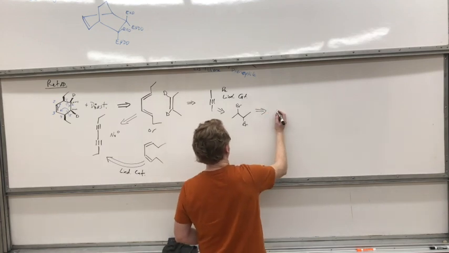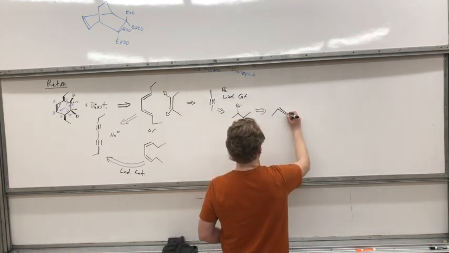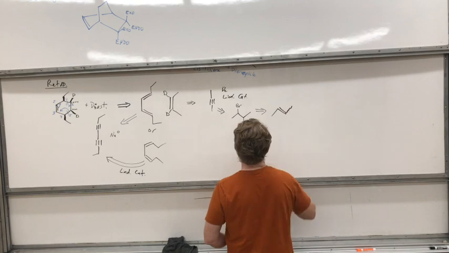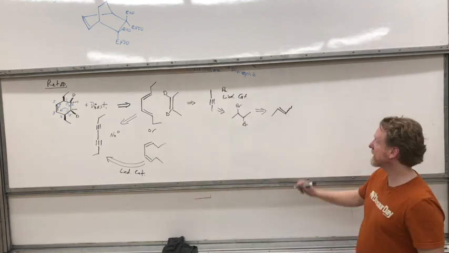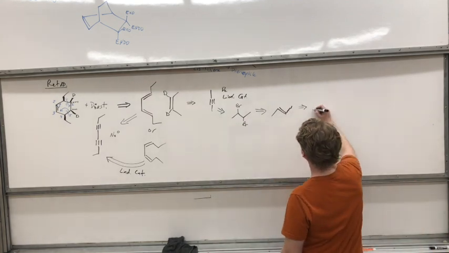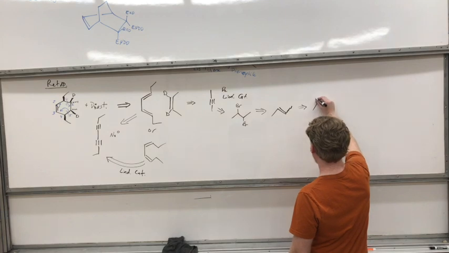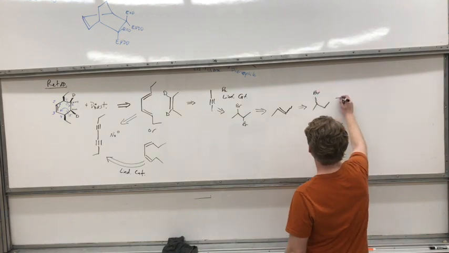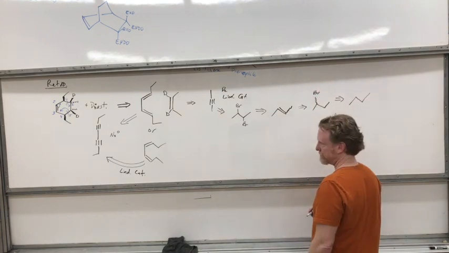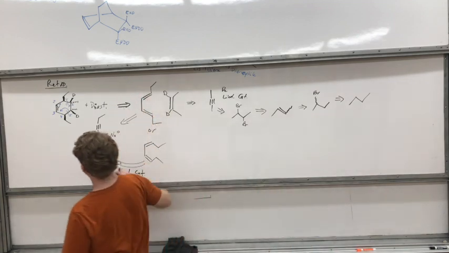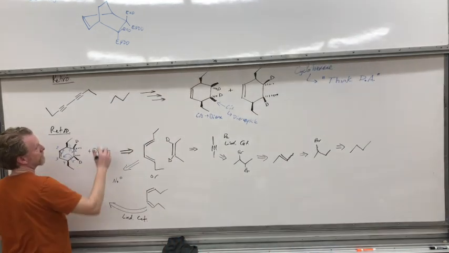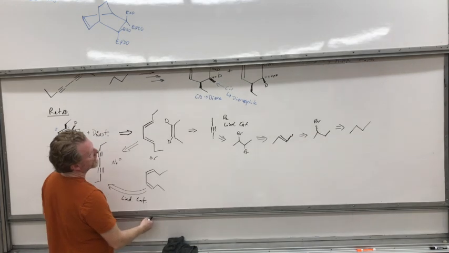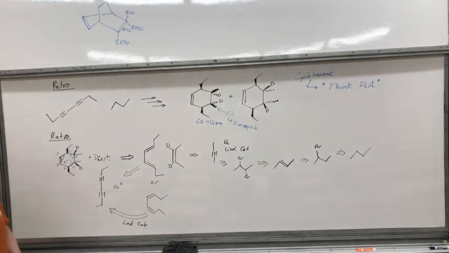Which can come from the alkene, and it can come from the mixture of cis and trans alkene, which can come from the secondary bromide, which can come from butane, which we need to start from. So there's our retro. Let's do the synthesis.